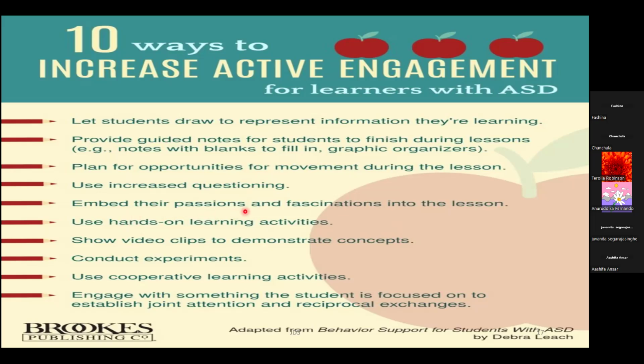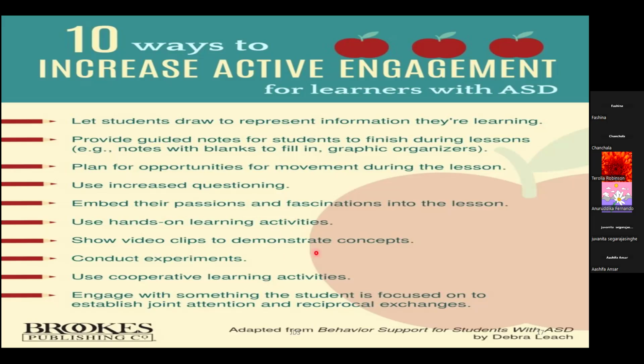Embed their passions, interests, and fascinations into the lesson. Basically create a very interesting lesson. Provide hands-on activities. To do an experiment, maybe to do a practical.